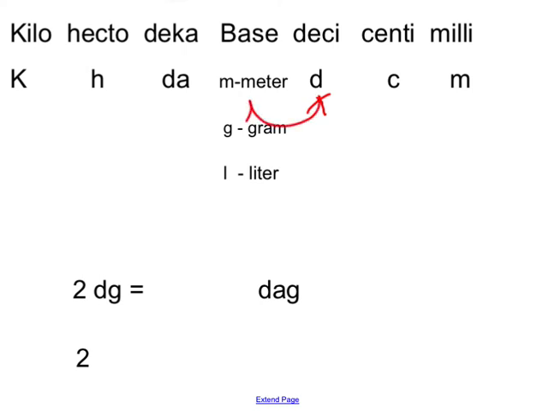So I go 1, 2 to the left. Now, wait a minute. I look at the number. Where is the decimal point? Remember, in math, if there's no decimal point shown, you have to start at the last number, and it's located at the end of the last number here. So it's right here. So now I take this decimal point and go 1, 2 to the left.